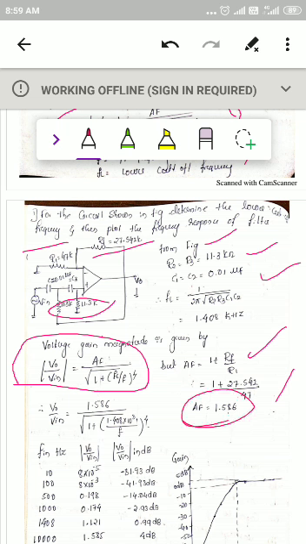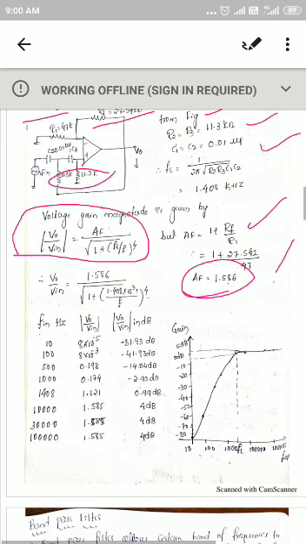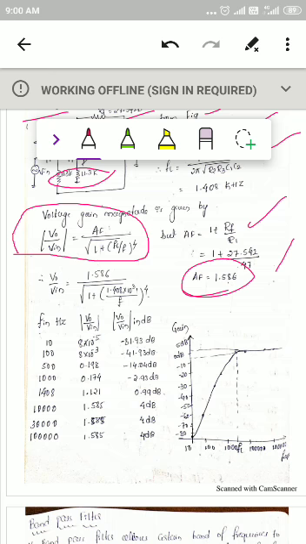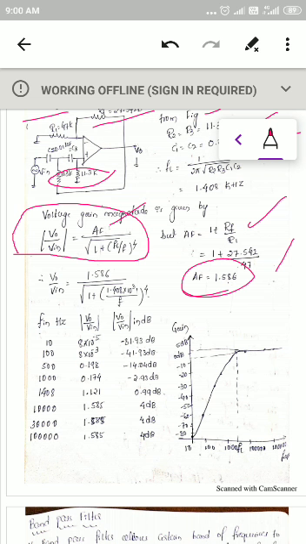After calculating AF, substitute the AF and FL values, where FL is 1.408 kilohertz you calculated, and F is once again the operating frequency.